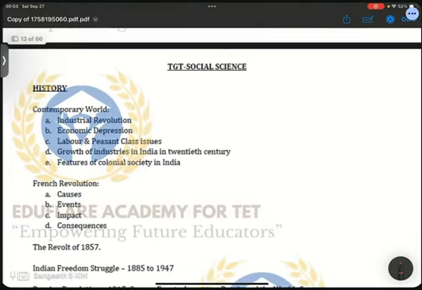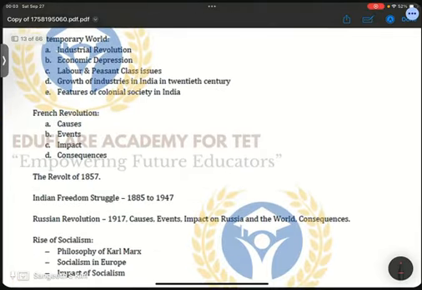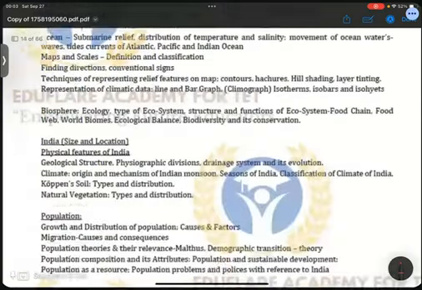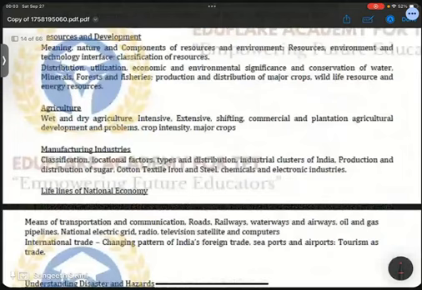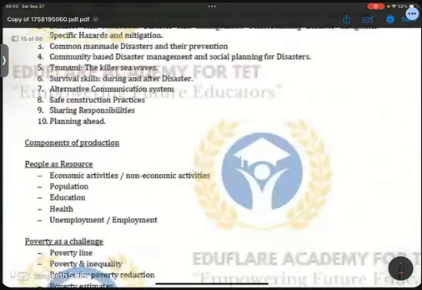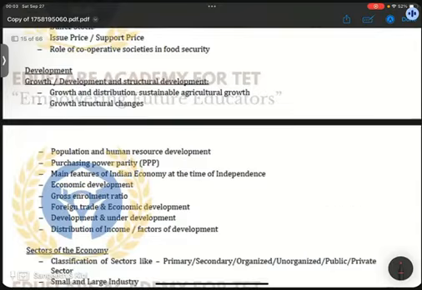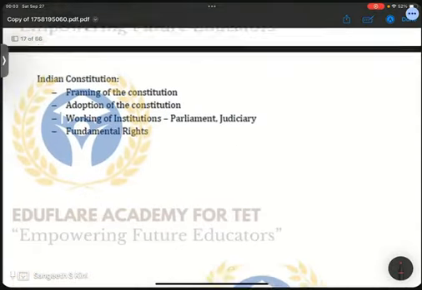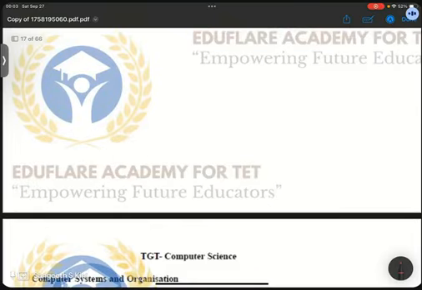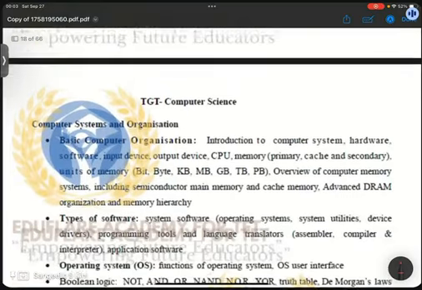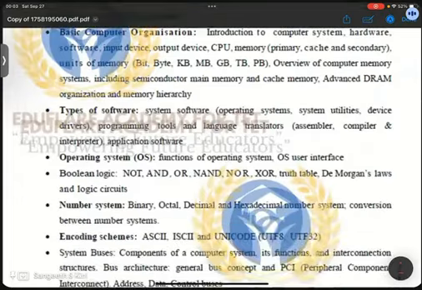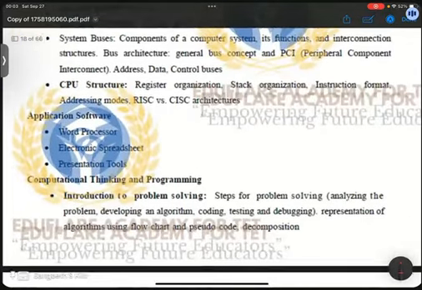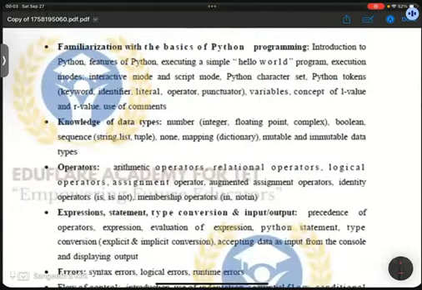Next we have social science, which consists of history, geography, civics, and the Indian constitution. These are the syllabus of social science. Next we have TGT computer science: computer system and organization, types of software, computational thinking and programming, application software, database management, emerging trends, AI tools.